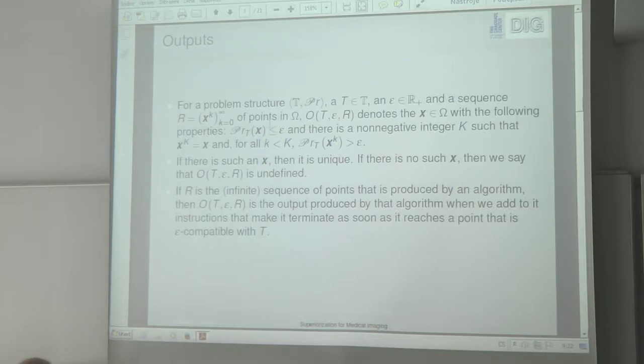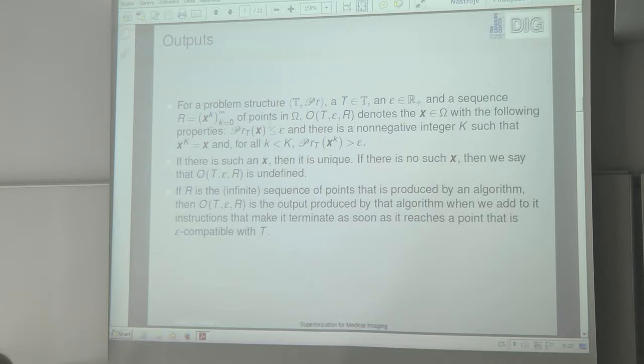Okay, so what is the output of a superiorization algorithm? Because I haven't talked about that output. I talked about how it produces an infinite sequence.